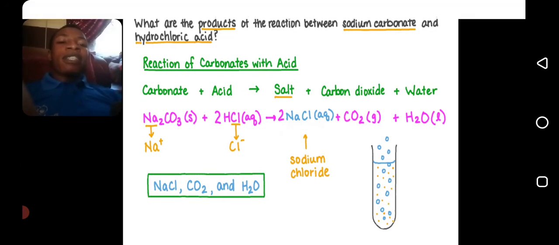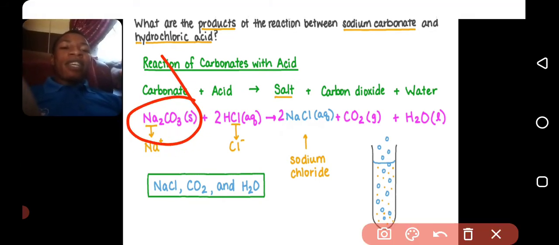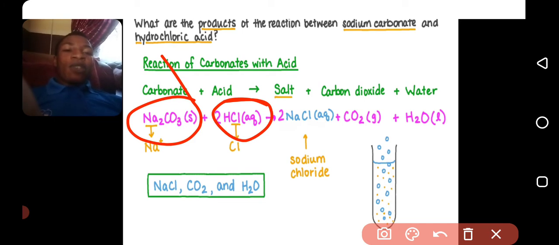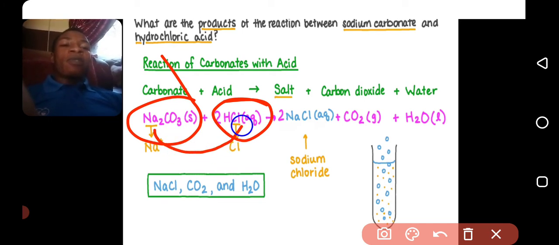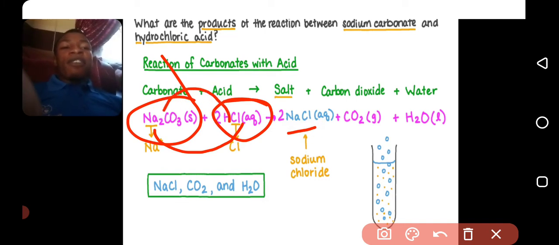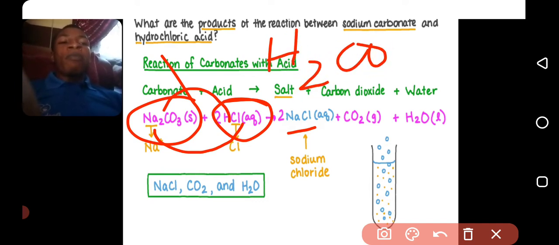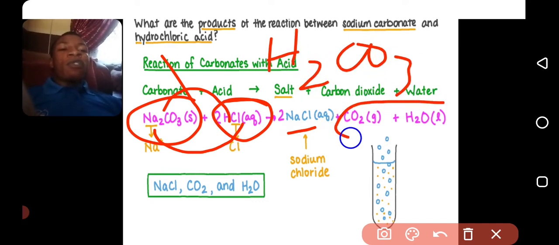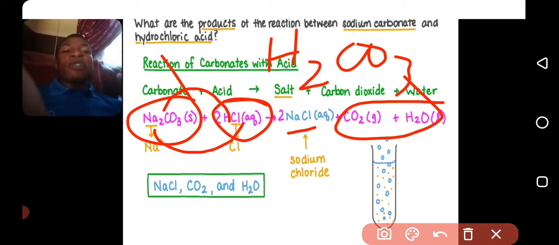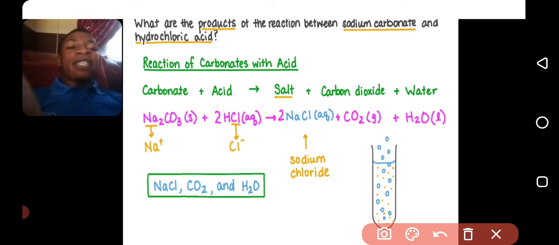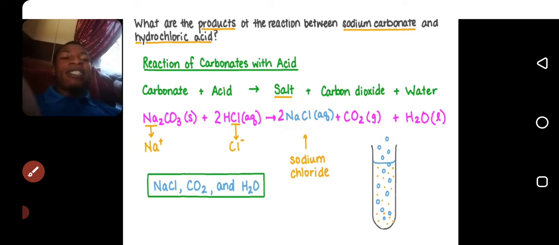Sodium carbonate reacts with HCl. So you're expecting Na to pick up Cl, NaCl, and H to pick up CO3, giving you H2CO3. And what do you expect H2CO3 to break down into? Carbon dioxide and water. So you are expecting sodium chloride, carbon dioxide, and water. And you can see the effervescence in that diagram below.